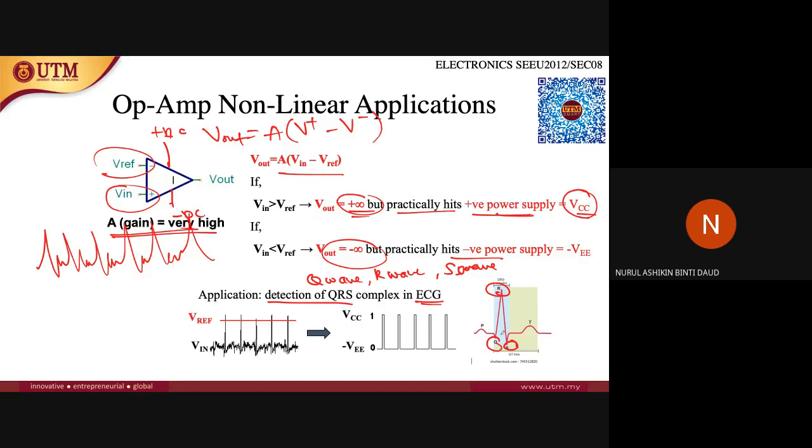For detection of the QRS complex in an ECG device, we need a comparator to get the reading, because it is very hard to read directly from this waveform.